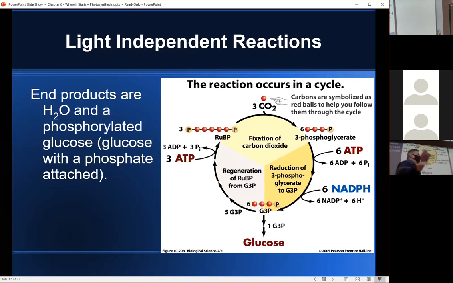This is where we regenerate the molecule that we started with so it can go back into the cycle. Okay, so let's look at each of these steps individually. So we have the light-independent reactions.